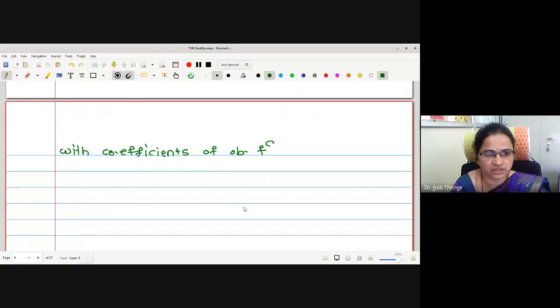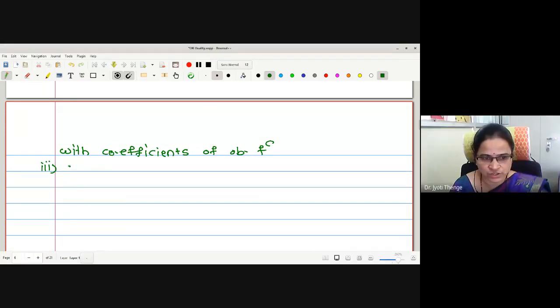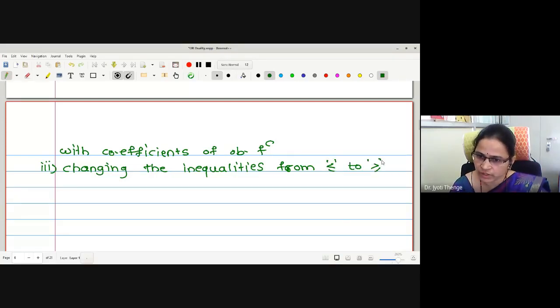Can anyone tell me the third one? Reverting the signs of inequality. Yes, changing the inequalities from less equal to greater equal sign.